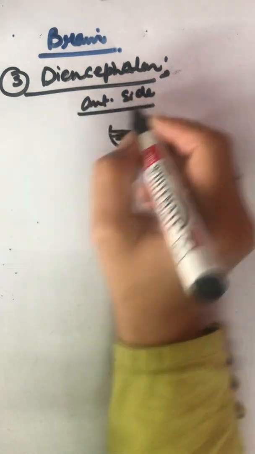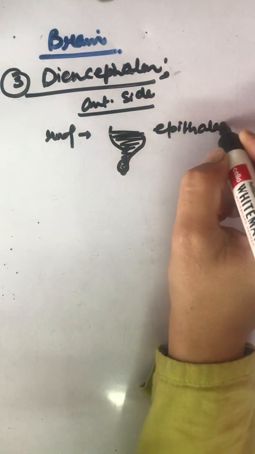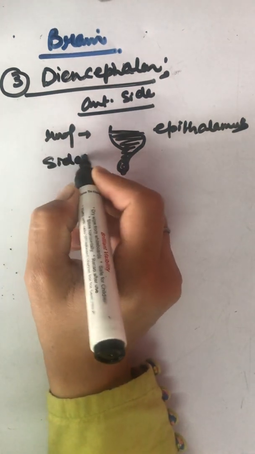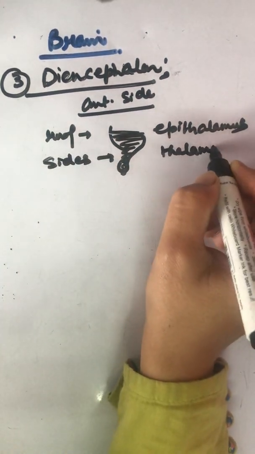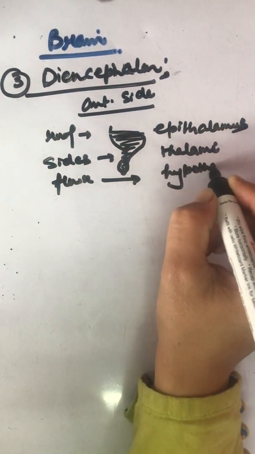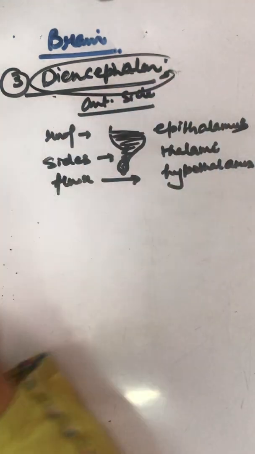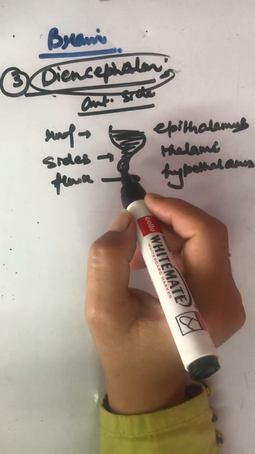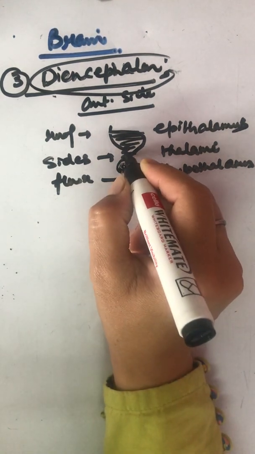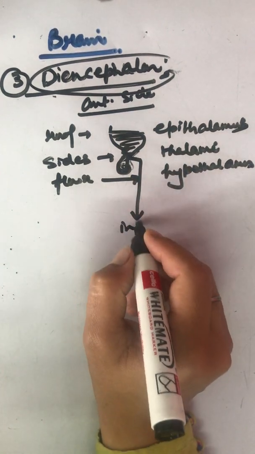Its roof is called epithalamus. Sides are thalami. Floor is known as hypothalamus. It is a narrow cavity, diencephalon, right? And the pituitary gland is attached to it by a stalk. This small stalk that we have drawn, with which the pituitary is attached, is known as infundibulum.